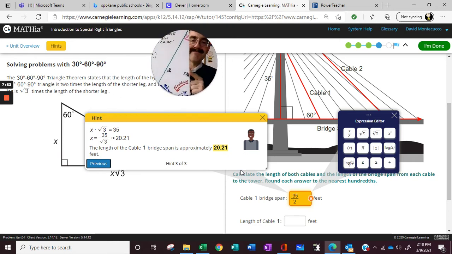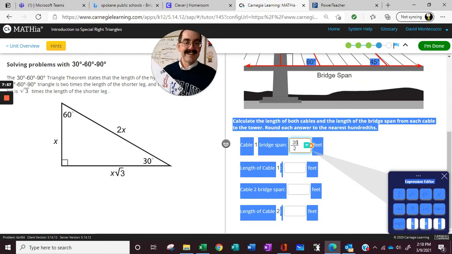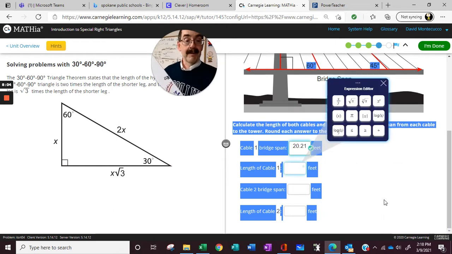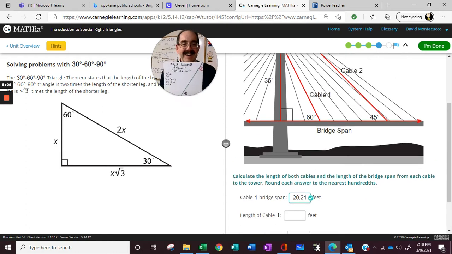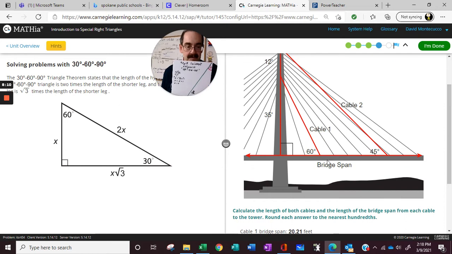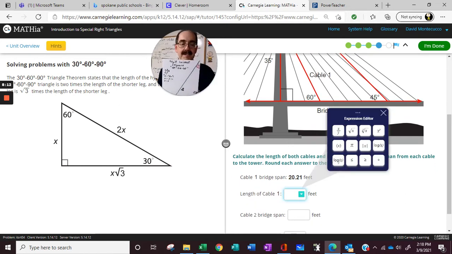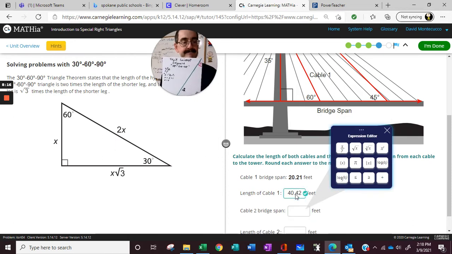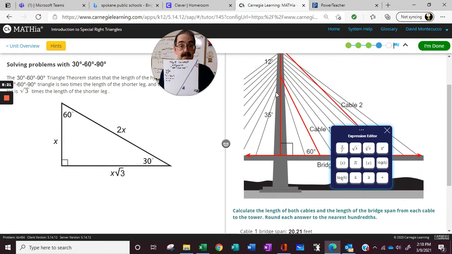Long leg, bring it back. Oh, Monty, that's the first mistake I ever made. Okay, the length of cable 1 is going to be this doubled. Yeah. Okay, cable 2 bridge span. So this one, that's what I was messing up.